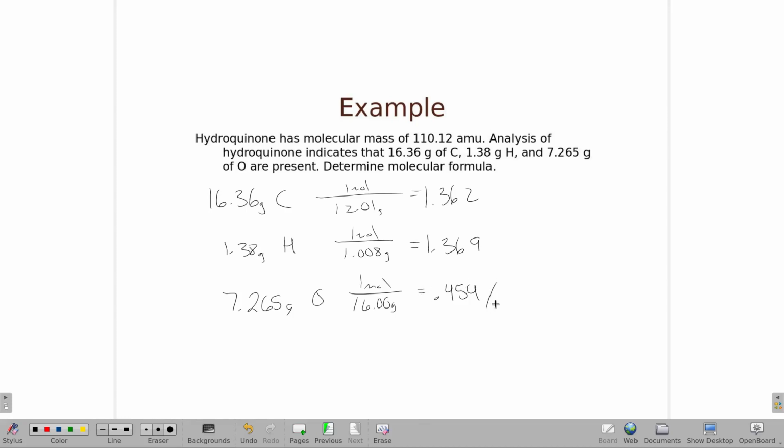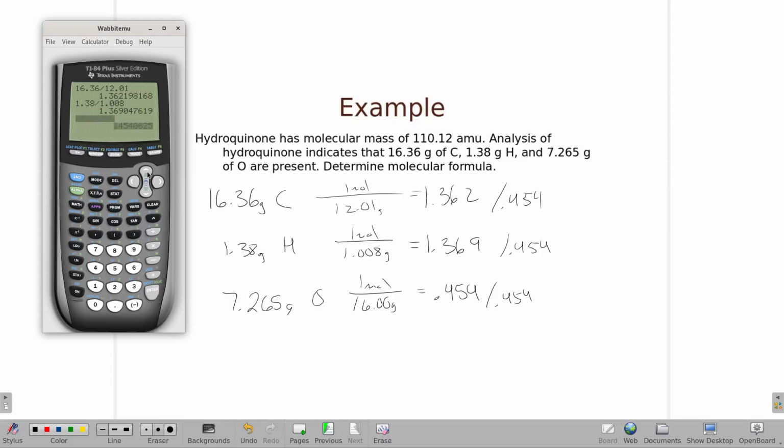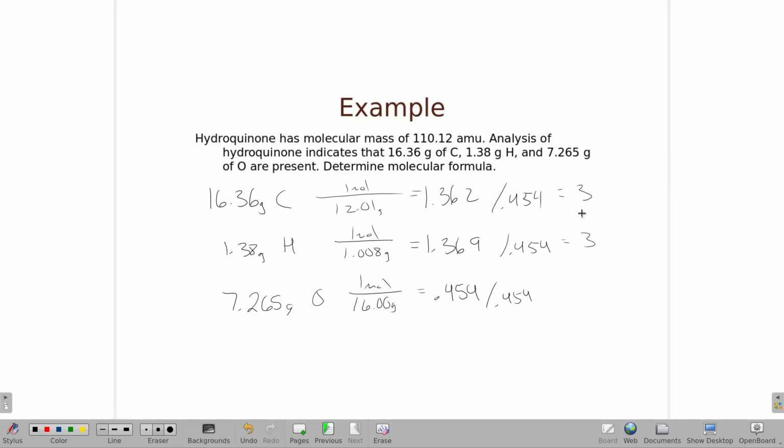And we're going to divide all these by the smallest. And within reason, I'm going to say these two are the same number, so I just need to do one of those. Take that and divide it by that, and I get a nice number of 3. So I have an empirical formula of C3H3O.